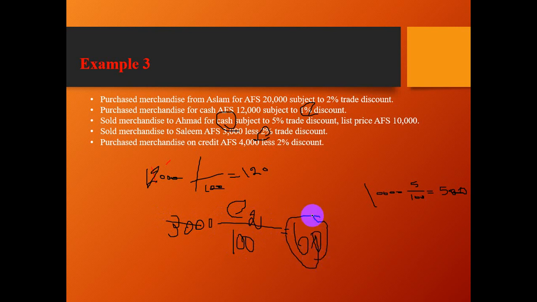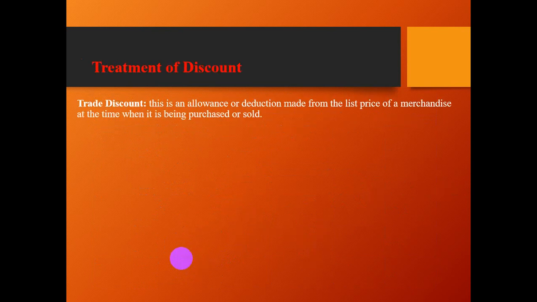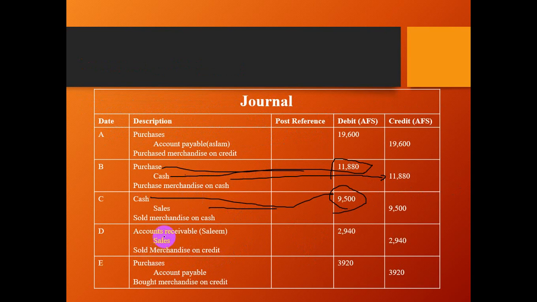So 60 is the discount. Now 3,000 minus 60 is 2,940, right? 2,940 is left with us. We are not receiving cash, so accounts receivable to sales. Accounts receivable is my asset increasing, so when it increases it has a debit balance, and sales is my revenue increasing.